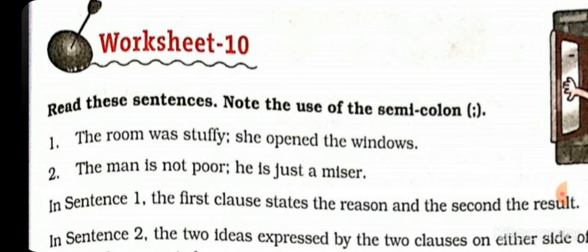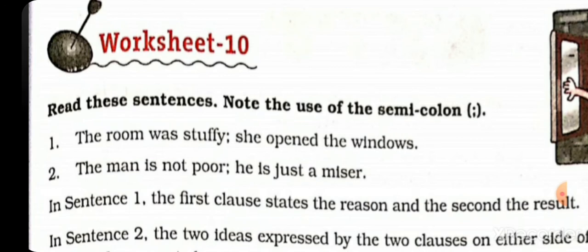ये क्लॉज बेटा आपको क्या शो कर रही है, रीज़न, कि क्या रीज़न था उसने विंडोज़ ओपन क्यों की थी. ओके, एंड द सेकेंड क्लॉज बेटा क्या शो कर रही है, द रिजल्ट. In sentence first, the room was stuffy, this clause states a reason, and she opened the windows, this clause states the result. In second sentence students, the two ideas expressed by the two clauses on either side of the semicolon are closely connected.